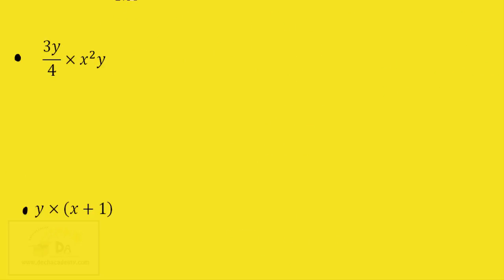Let's take a look at two more examples. So we've just been simplifying expressions, so now we just need to simplify this expression and this expression, and we're done. Now this expression can be written as 3y over 4 times, instead of x squared y, we can say x squared y over 1, just to represent it as a fraction, so that we can easily multiply these fractions by each other.